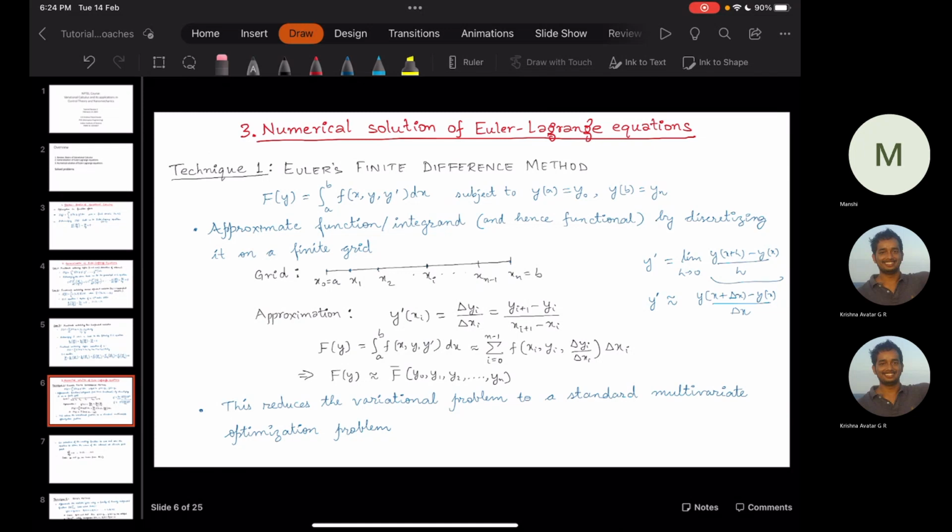So x0, x1, x2, x3 till xn are all grid points. Over this we approximate our first derivative of y.